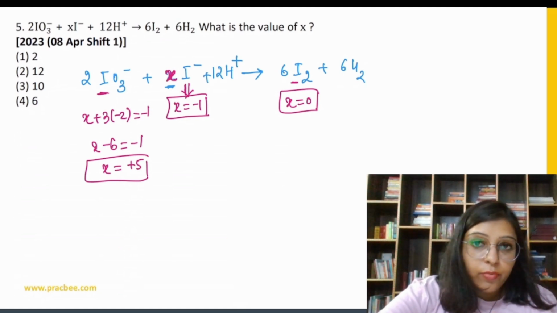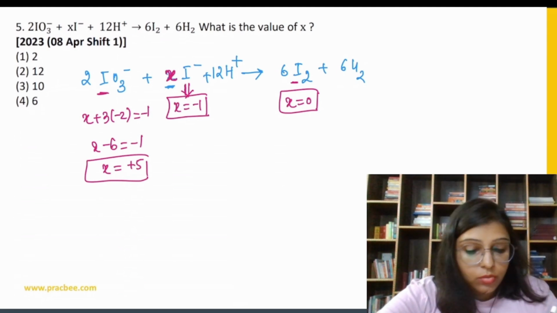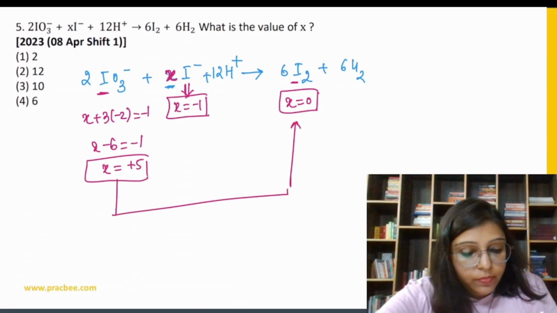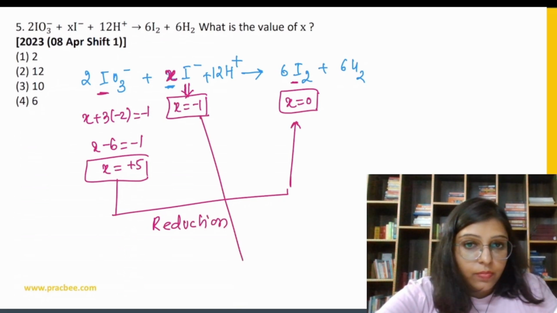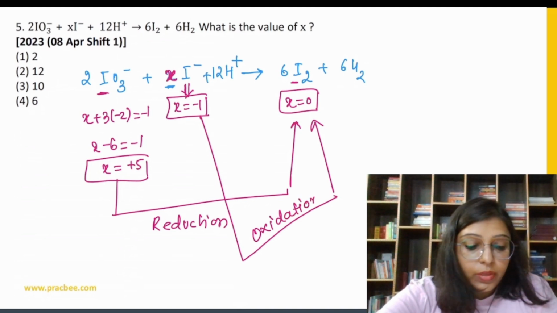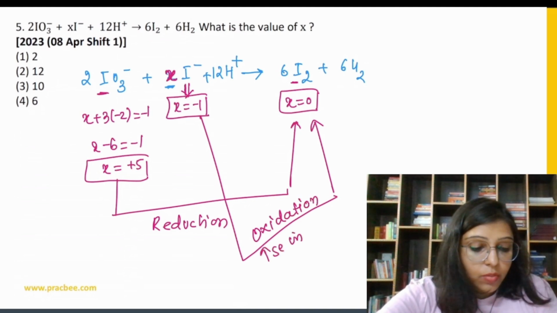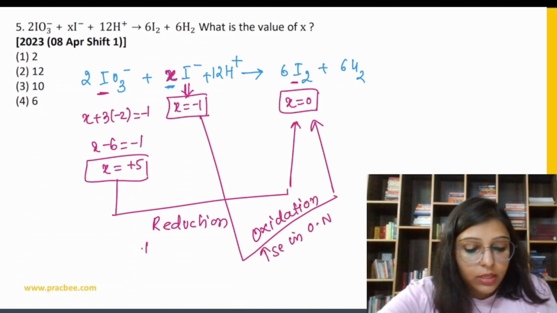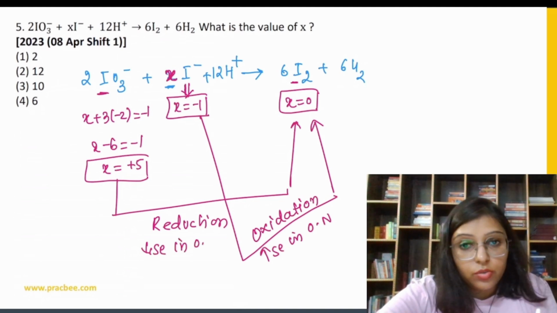It means from IO3 minus, iodine goes from plus 5 to 0, which is the reduction. In I minus, iodine goes from minus 1 to 0, which is the oxidation, because of an increase in oxidation number, while reduction is a decrease in oxidation number.